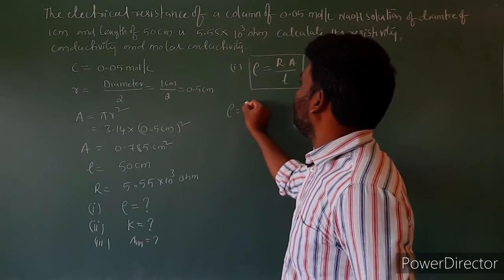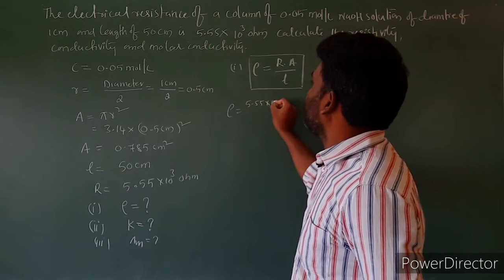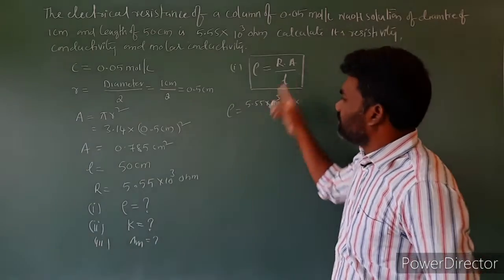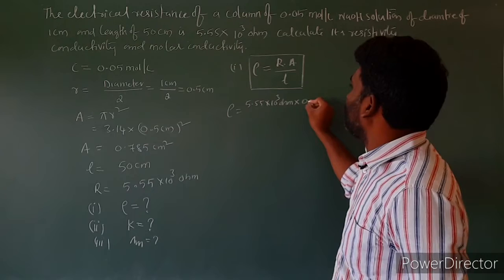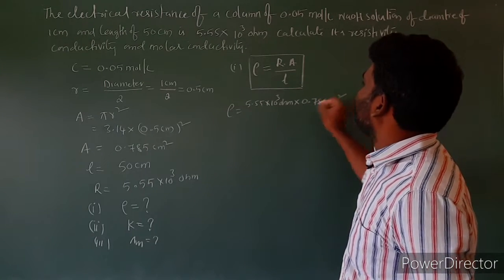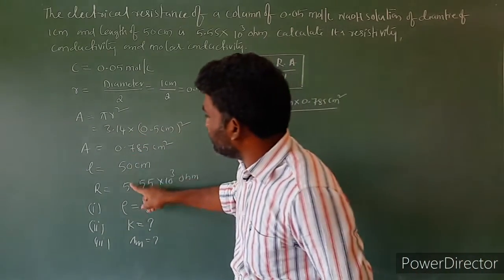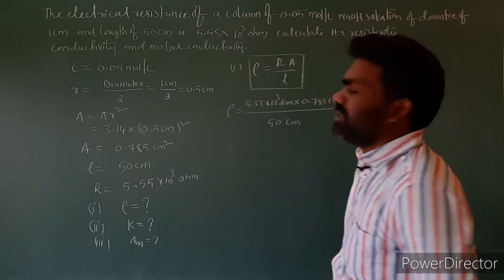Rho is equal to 5.55 into 10 power 3 ohm into area 0.785 centimeter square by length 50 centimeters.